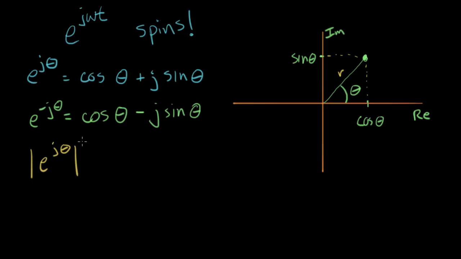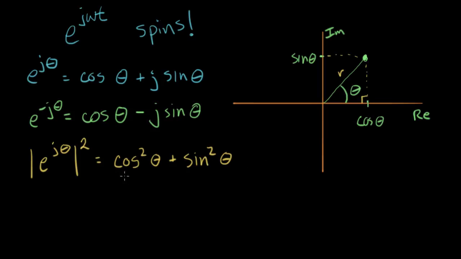Right, what we know is r squared equals x value squared, which is cosine, plus the y value squared, which is sine theta. So it equals cosine squared of theta plus sine squared of theta. We just applied the Pythagorean theorem to this right triangle right here.